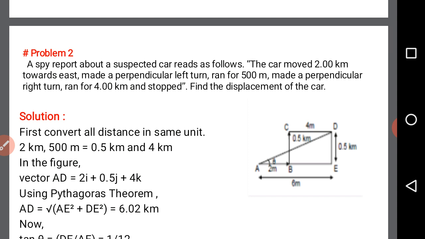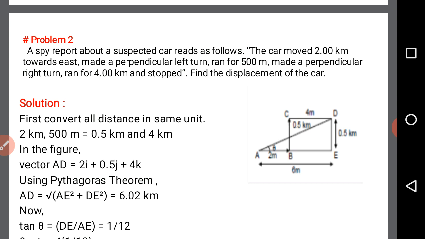First of all, you have to convert all distances into the same unit. We can choose kilometers: 2 kilometers, 500 meters is equal to 0.5 kilometer, and 4 kilometers.